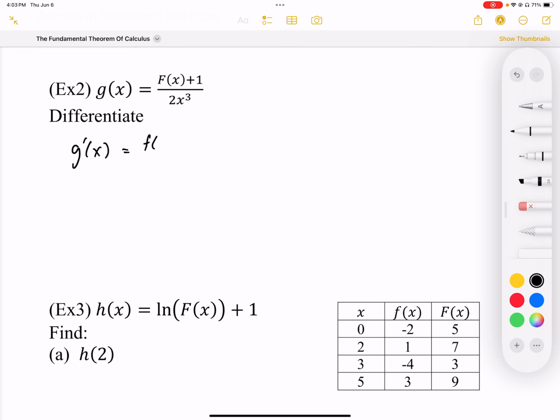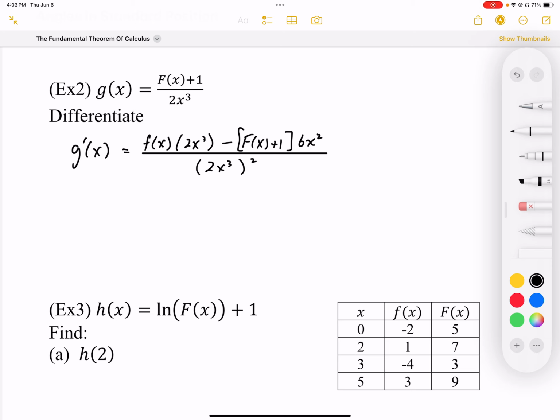I take the derivative of the top, which is big F prime or f, times the denominator, minus the numerator times the derivative of the denominator, which is 6x squared, all over 2x cubed, all squared.